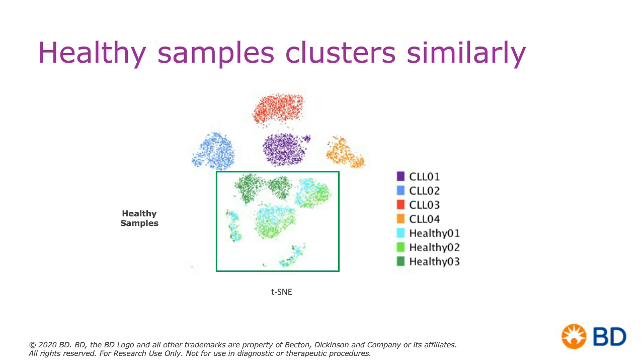They're not all light blue and all dark green and all light green as individual islands. They almost blur together, which would be representative of normal, healthy CD19 positive B cells. They would be all mixed together because there's nothing particularly unique about any individual's CD19 B cells. We like to think we're all unique, and maybe our cells are at some level, but for the most part, they're pretty darn similar.